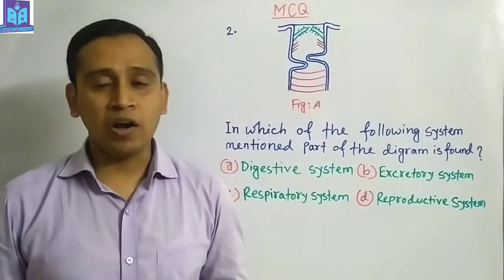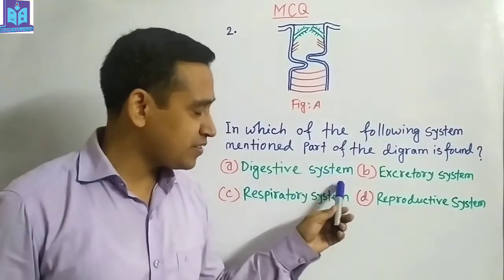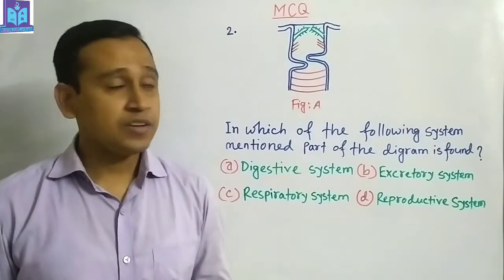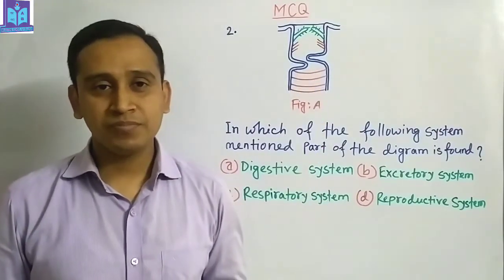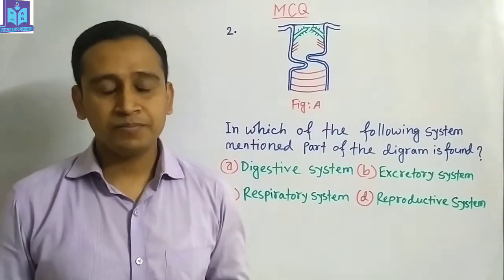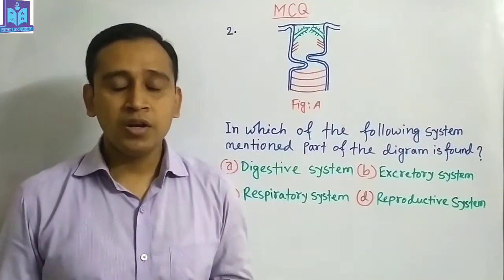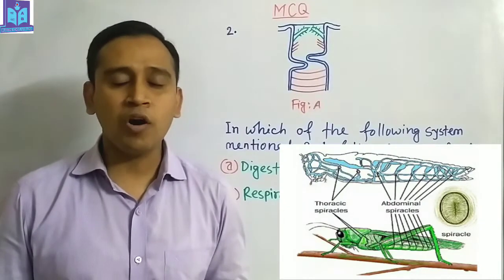It is spiracle, and spiracle is not found in the digestive system, excretory system or reproductive system. Spiracle is found in the respiratory system. It is one of the important parts of the respiratory system. The respiratory system of grasshopper consists of trachea and their branches in a complicated form.